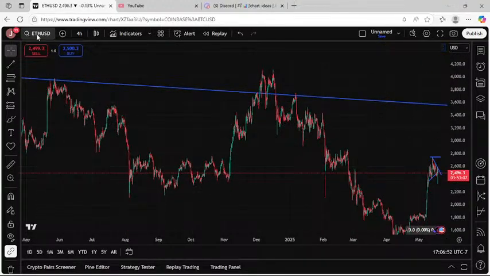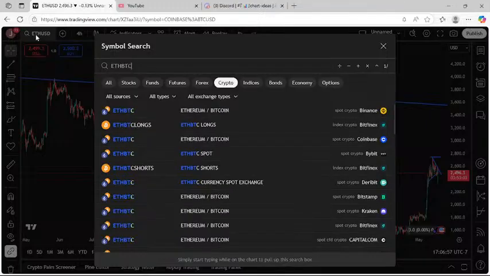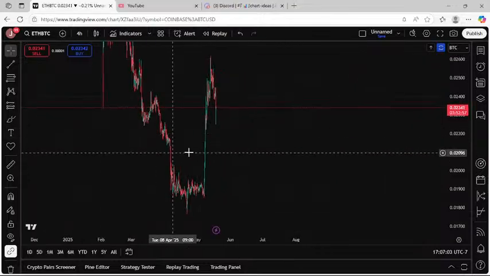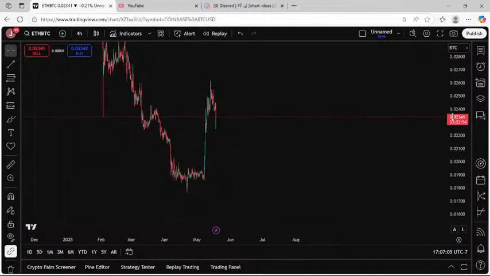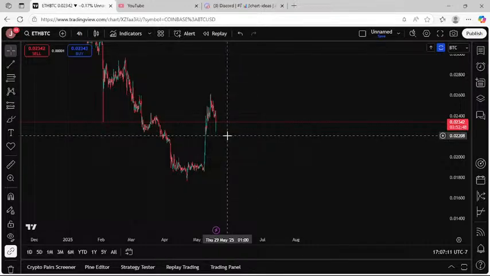And like I said, we just really need to get some strength. So the pairing, look at that. The pairing is retesting. The Bitcoin Ethereum is doing the retest.